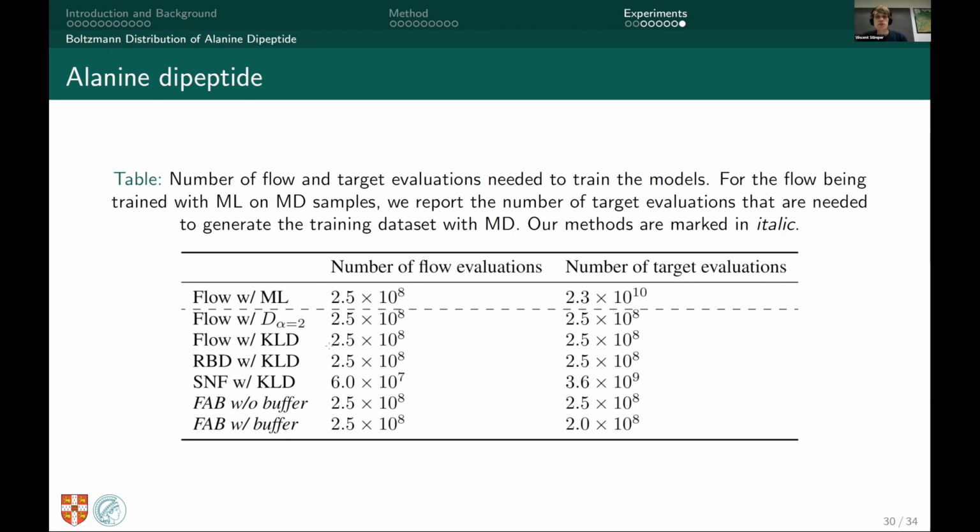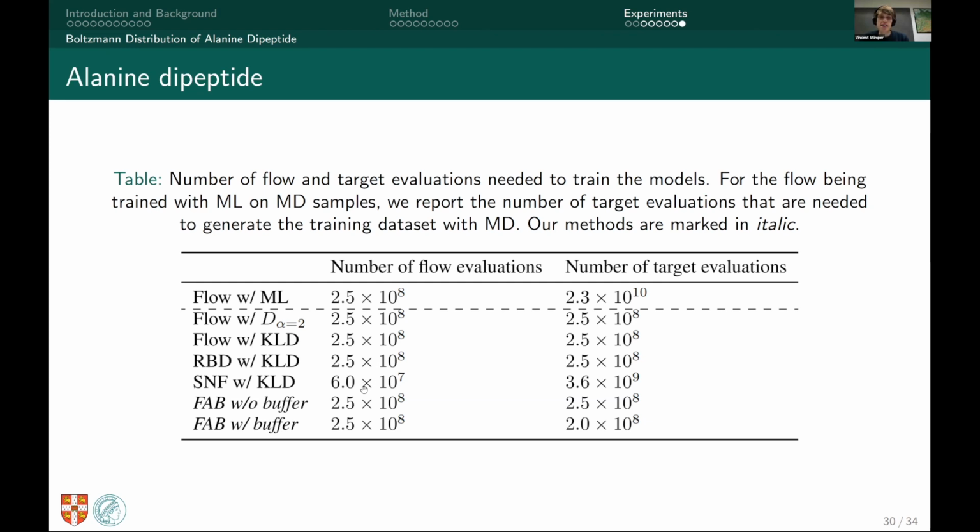On the other side, of course, it could be at a price that it is more expensive to train it. And it turns out this is not the case. So here we show what I was already mentioning before. The way we measure computation expense is the number of flow evaluations, which we want to ideally keep the same for all those methods.